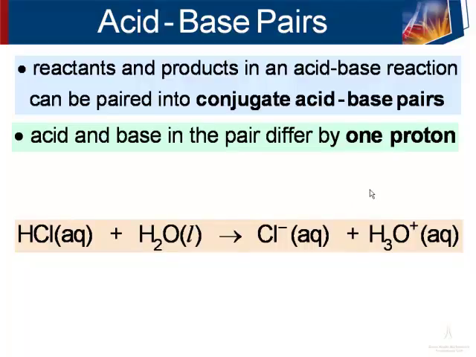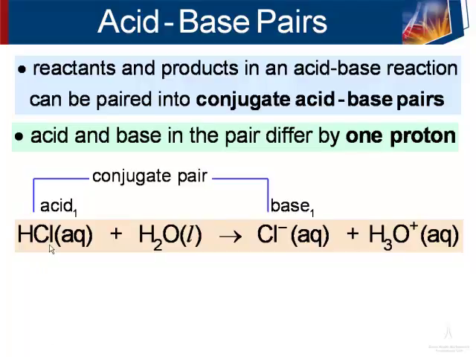If we consider this reaction where hydrochloric acid is in water forming the Cl minus ion and the H3O plus ion, remember that the HCl, because it donates a proton, is the acid, and we are left behind with the Cl minus ion, and so that becomes the base. And so the HCl and the Cl minus ion are the conjugate acid-base pair.